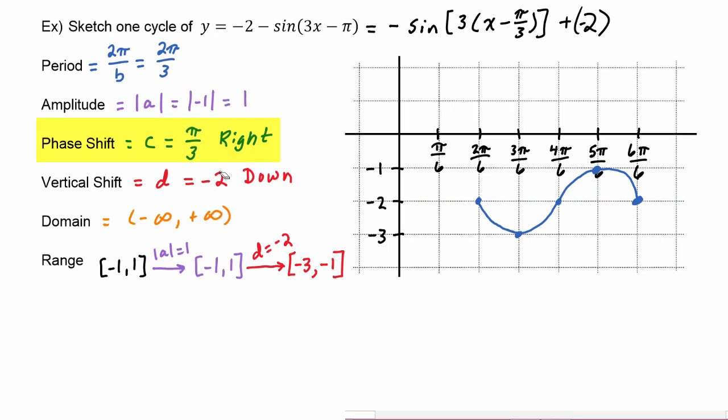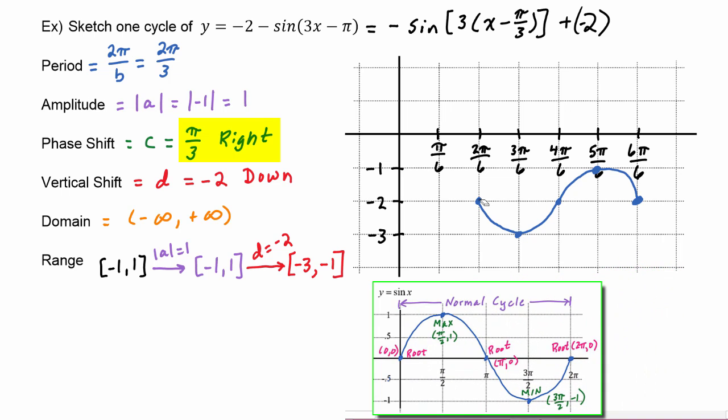The phase shift needed to be pi over 3 to the right, and we know that normally sine will start out not here, but over here on the y-axis. So this point shifted over by 2 pi over 6, which if we reduce is pi over 3. So that checks out.